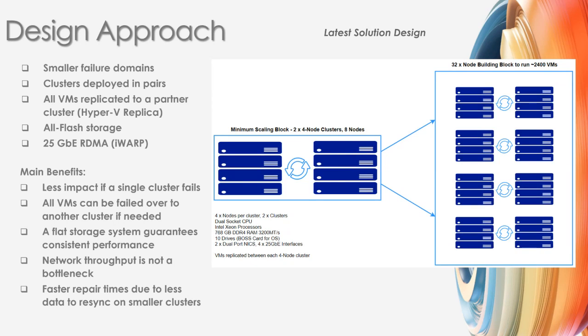The flat storage system guarantees consistent performance, and again, there's less overhead to monitor the caching tier and your working set size. With 25 gig RDMA, network throughput is not a bottleneck for these particular clusters, and I get faster repair times due to less data to resync on smaller clusters.